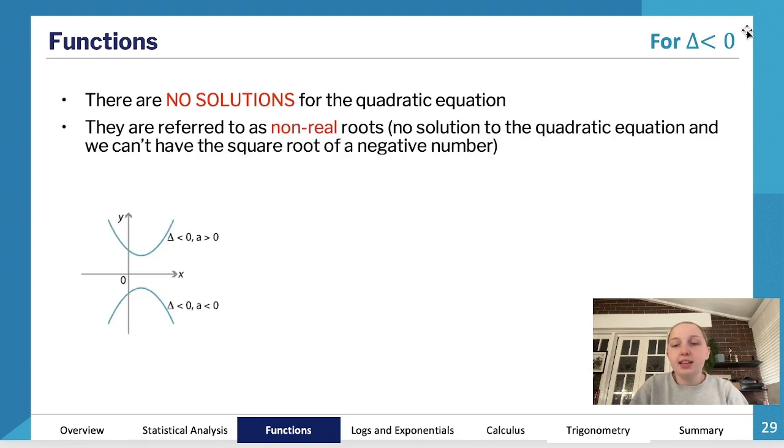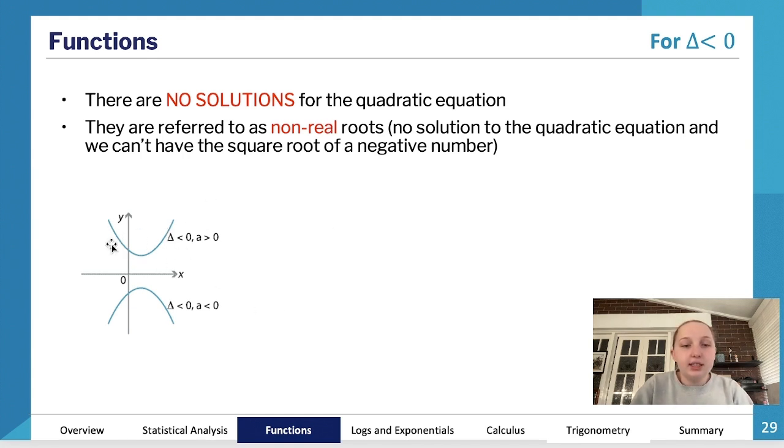And then finally, if 0 is greater than delta, your discriminant, you're going to have no solutions to your quadratic equation. These are what you call non-real roots. So there's no solution to the quadratic equation, and you can't, in real terms, have the square root of a negative number.